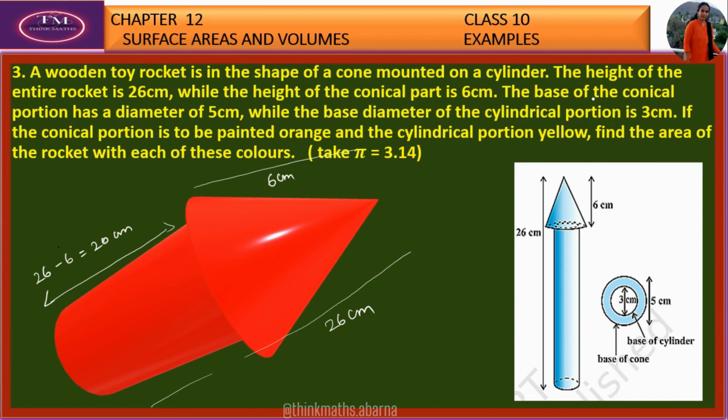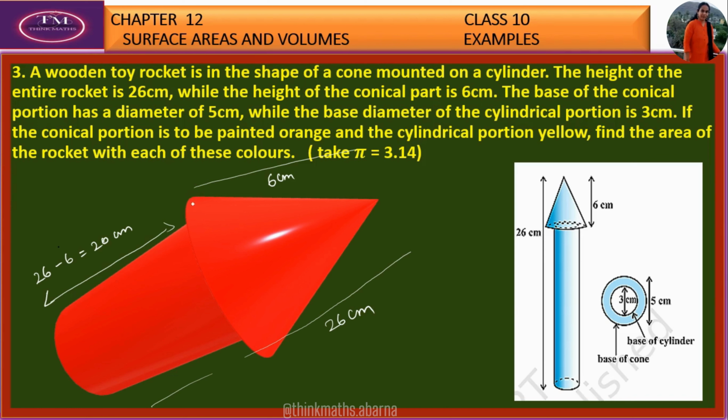Next, the base of the conical portion has a diameter of 5 centimeter. So this is the base. If you check the cone, there is a circular part, and this circular part has a diameter of 5 centimeters.